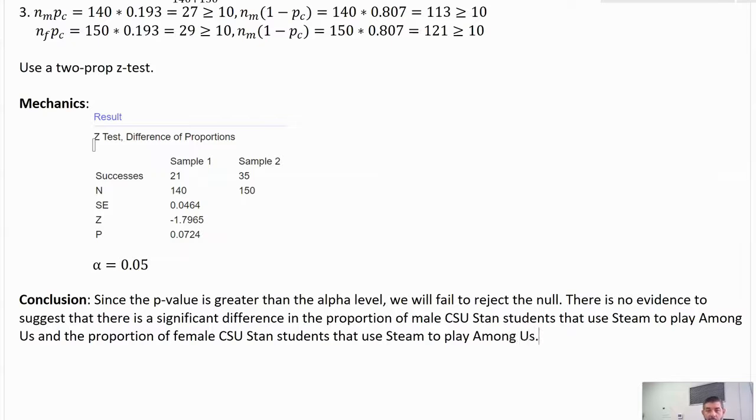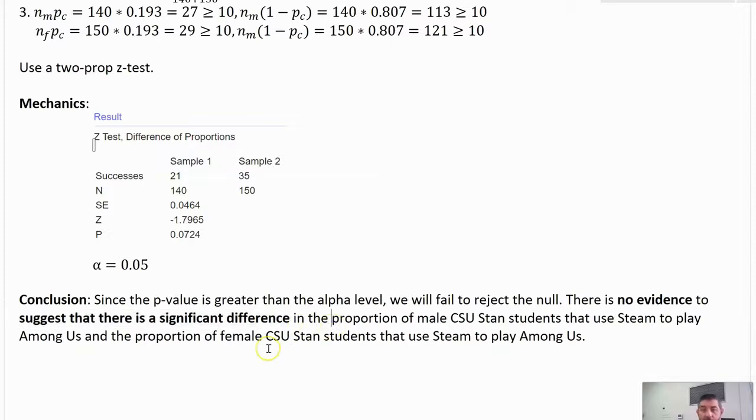All right? That's what we're saying, that there is no evidence to suggest that there is a significant difference in the proportions. All right? That's what we're talking about.